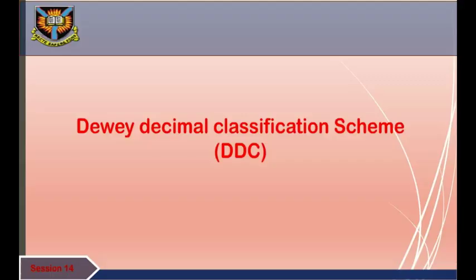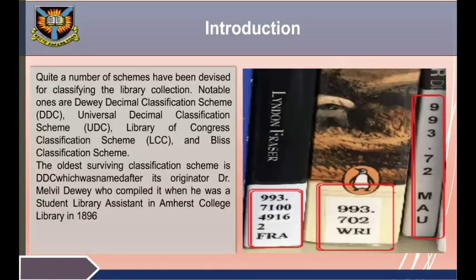Welcome to Study Session 14, Dewey Decimal Classification Scheme, DDC. Introduction. Quite a number of schemes have been devised for classifying the library collection. Notable ones are Dewey Decimal Classification Scheme, DDC, Universal Decimal Classification Scheme, UDC, Library of Congress Classification Scheme, LCC, and Bliss Classification Scheme.